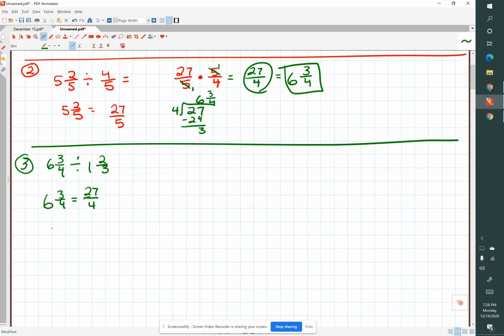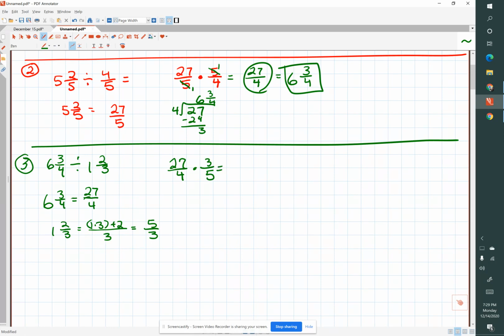And 1 2/3 will be 1 times 3 plus 2 equals, 1 times 3 is 3 plus 2 is 5/3. We do the keep change flip part, 27 over 4 times 3 over 5.